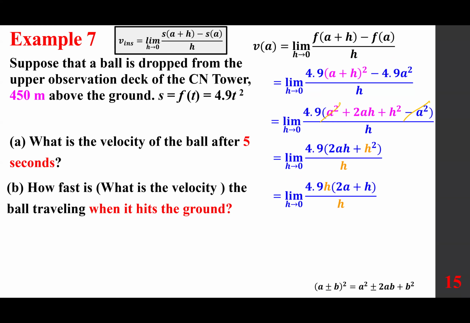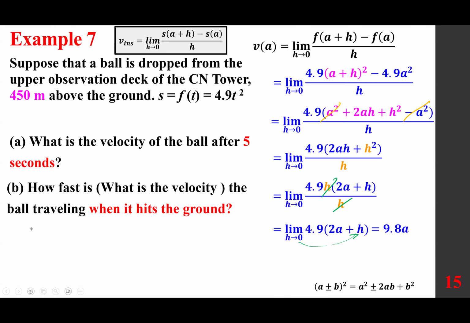And so now we have the limit of 4.9 times 2a plus h as h approaches 0. Now, if you apply h equals 0, you get 4.9 times 2a, which is 9.8a.